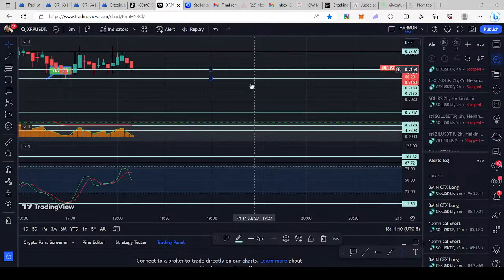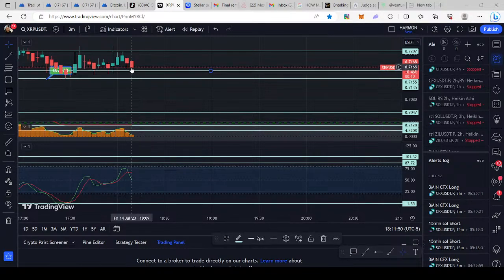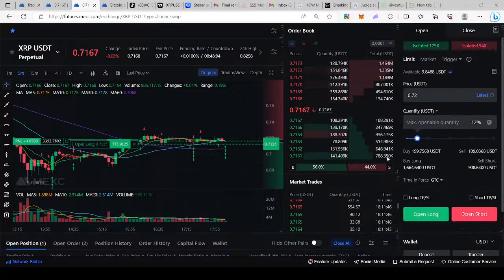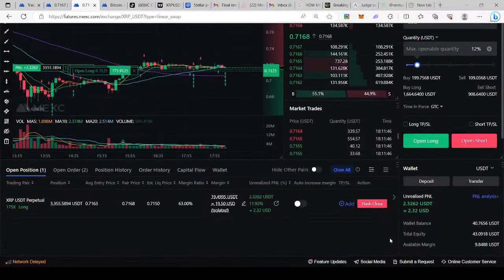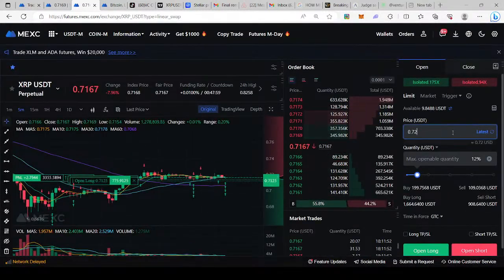Let's see what the 3 minute is. Come on, 3 minute. All right, so far I touched 71.55 as our low. We'll reset and wait for the next round.